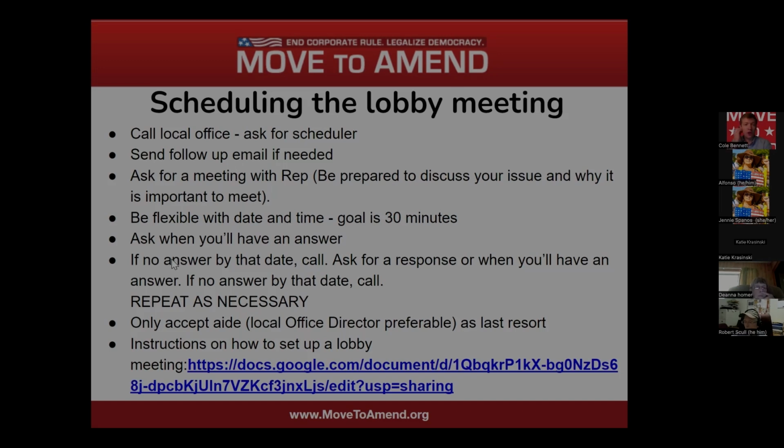Starting off, you are going to either call your local office and ask for their scheduler, or in some cases, representatives might have a place on their website for you to set up a meeting. I've reached out to a couple of Republican representatives that, it's not fair to just say the Republicans do it, other people do it as well, but they might have things where you can only use that if you are a member of their district, or located within their district.